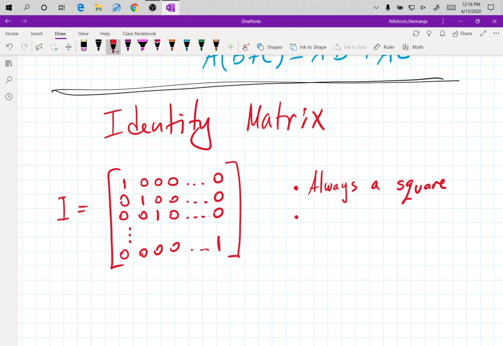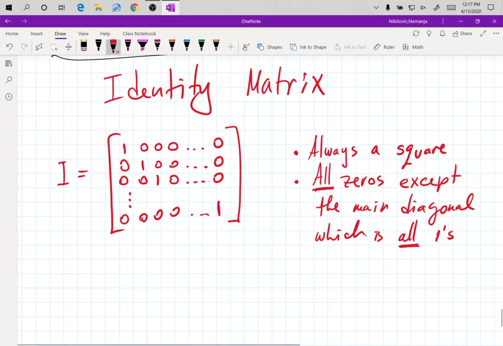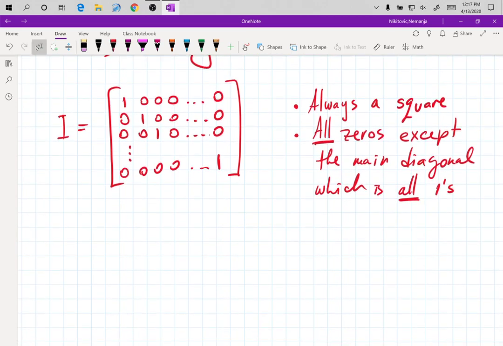Then all zeros except the main diagonal, which is all ones. So all zeros except the main diagonal, which are all ones. So if you remember that, you can create any identity matrix you want.